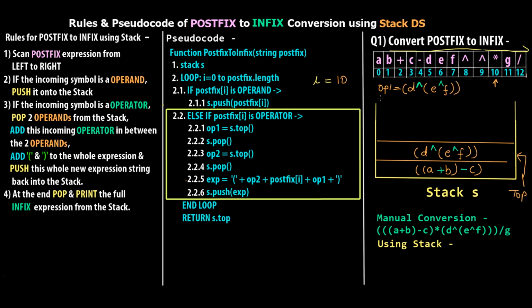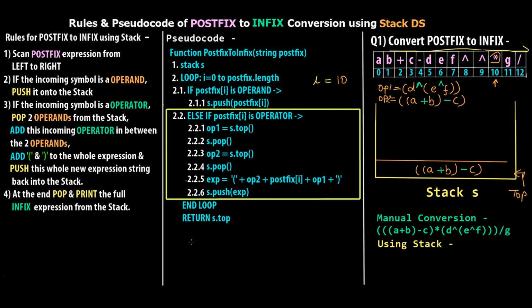This is op1. Then we have op2, which is equal to the second element. So this element gets popped out, and then we have the top of the stack, which is this whole expression. So that becomes op2. And now we have to create the expression by taking the operator we are currently at, which is the star operator, in between these two operands.